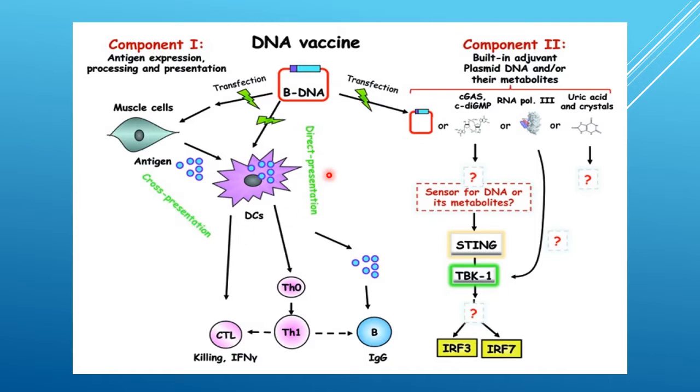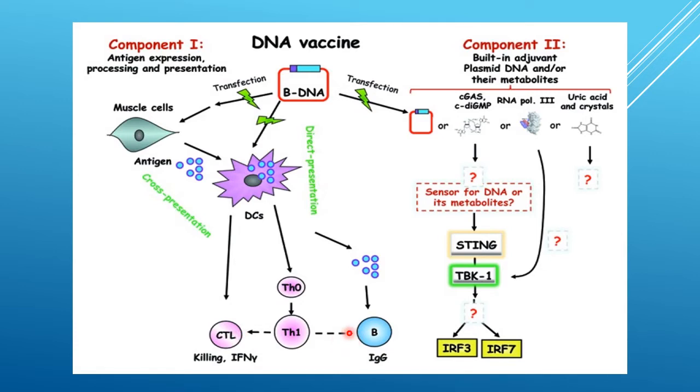So when this particular DNA vaccine is transfected into muscle cells, it will lead to the expression of antigen, and these antigens will be targeted, by either direct or cross presentation, to the CD4 cells and CD8 cells, and they will produce immunoglobulin G and other interferons or other cytokines to induce the immunogenicity.